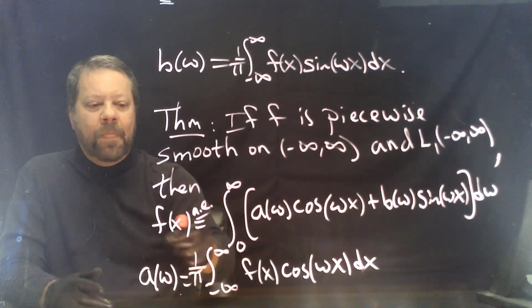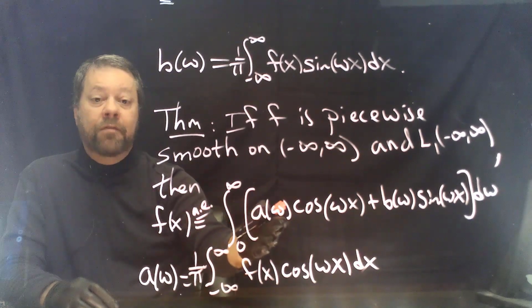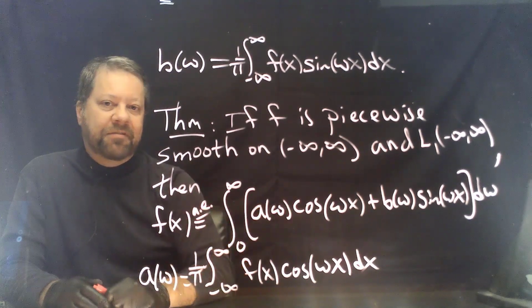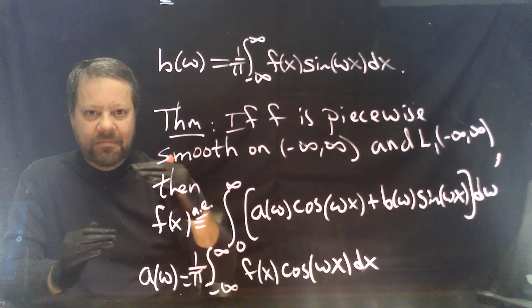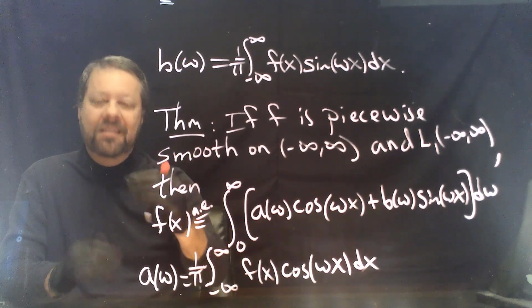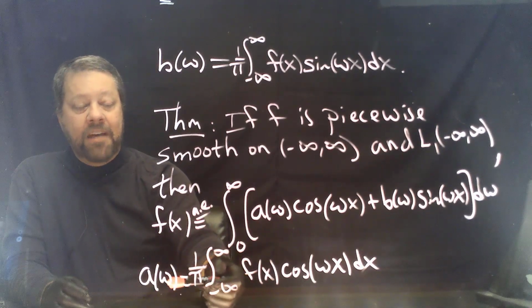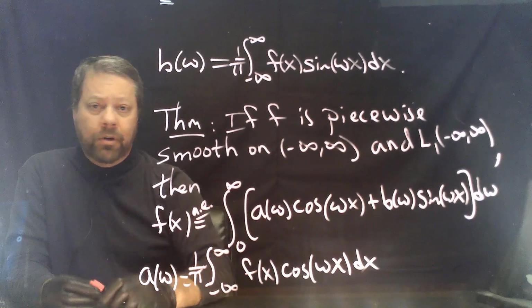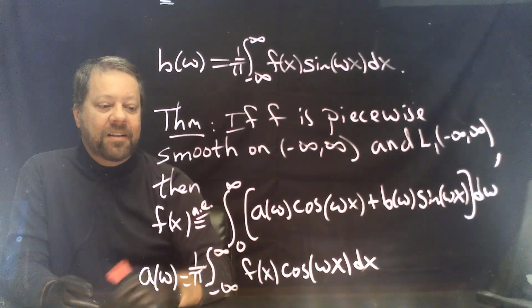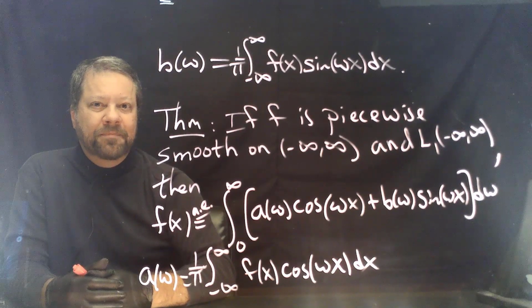As before, wherever f has a jump discontinuity, the Fourier transformation representation of f will converge to the average of the left and right limits. The a of omega and b of omega are the Fourier coefficients, and these coefficients are linear transformations on f.